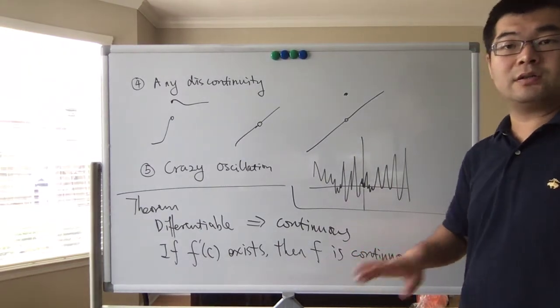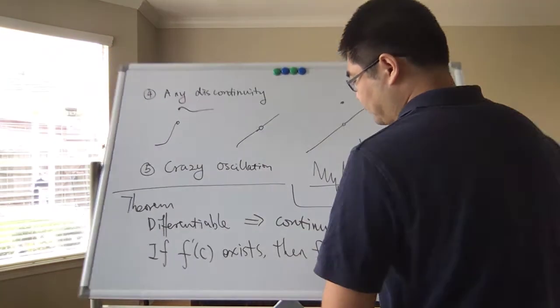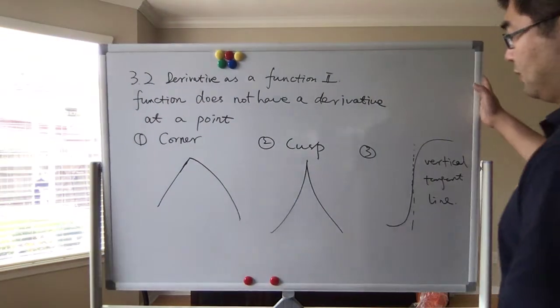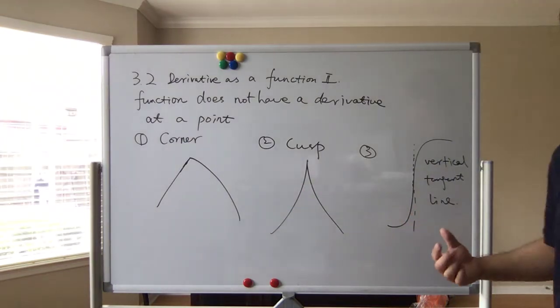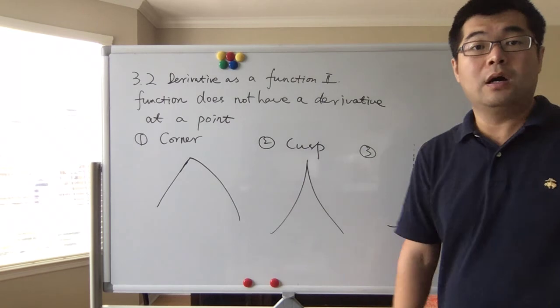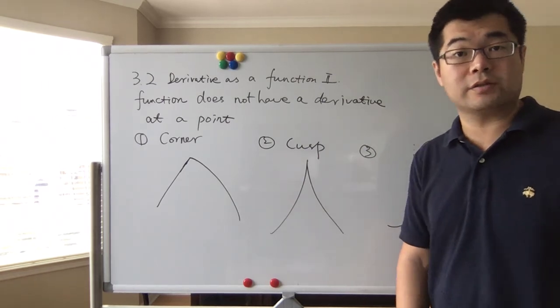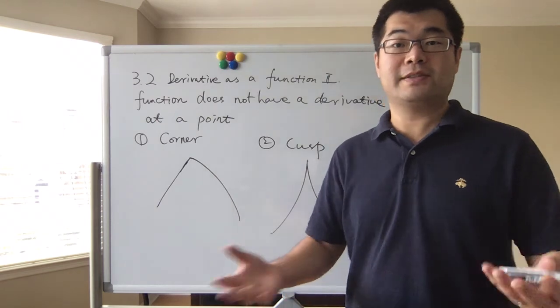But the other direction is not true. As we will see from the first three situations, right? It's all continuous, there is nothing wrong with that, but the derivative does not exist, okay? So we complete section 3.2, and then I'll see you in the next section, okay?